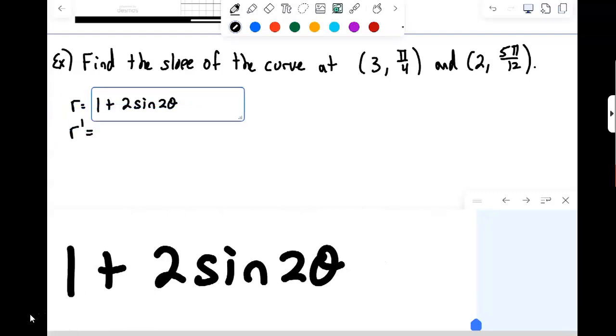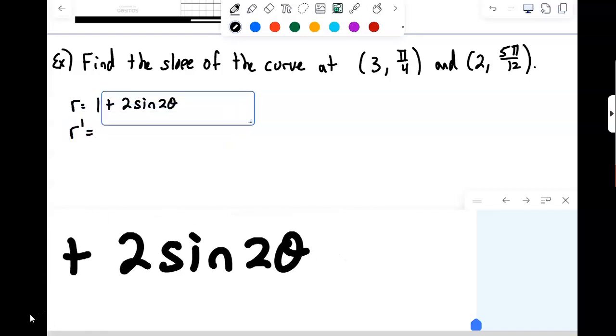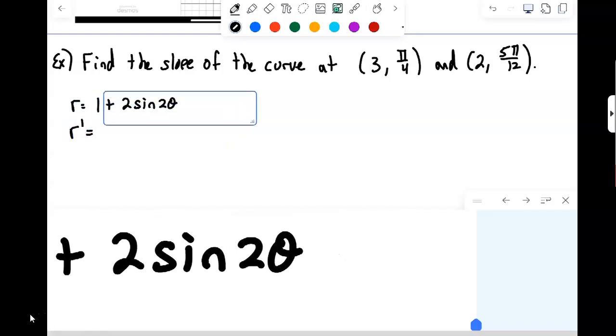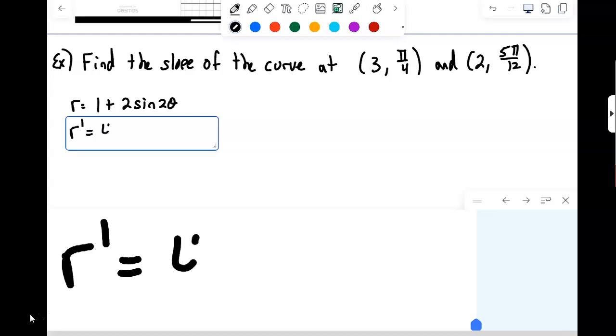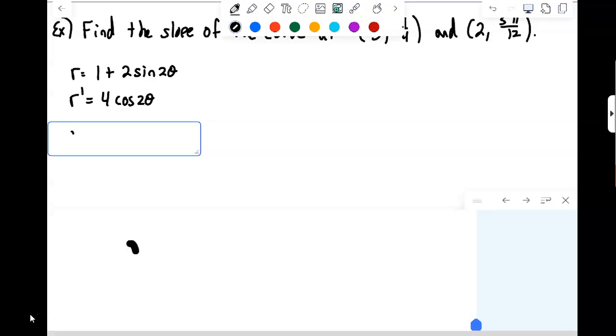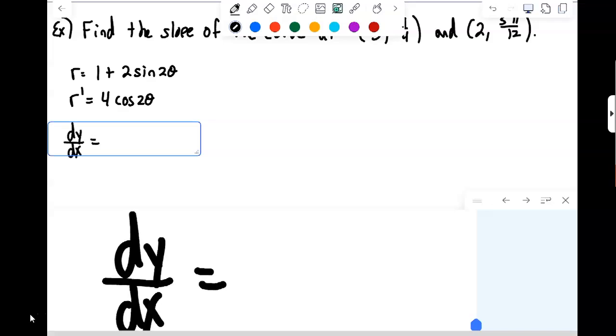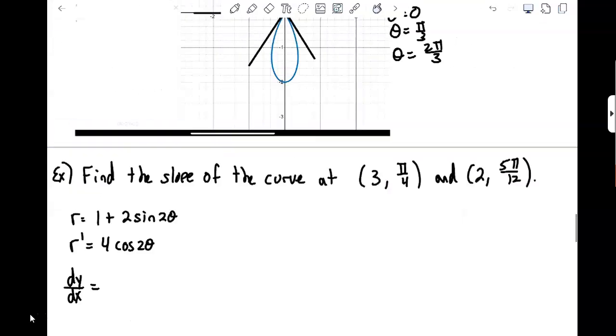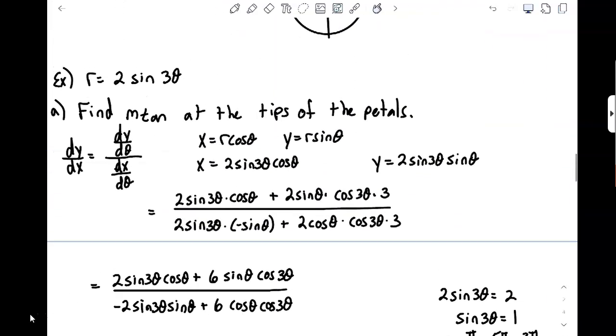R prime would be the derivative of this, which would be 2 times cosine of 2 theta times 2, or 4 cosine of 2 theta. And then I'm just going to bring my formula from up above, again, that I derived earlier. And I'm just doing this to simplify the writing a little bit.